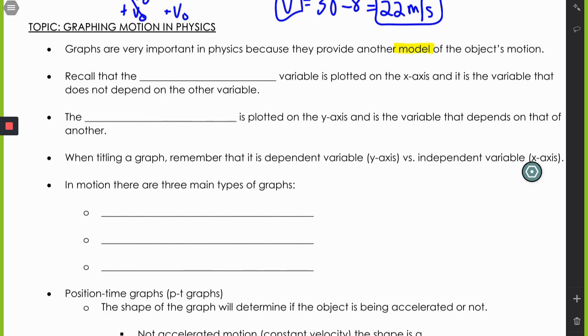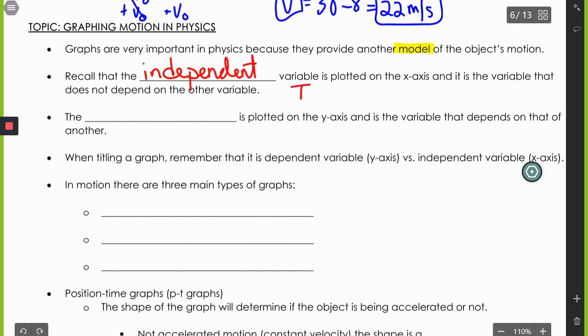Now, these next two bullet points are just a reminder about different things. So recall that the independent variable is plotted on the x-axis, and it is the variable that does not depend on the other one. It's the one that we just let go, and the other one reacts to those changes in this variable.